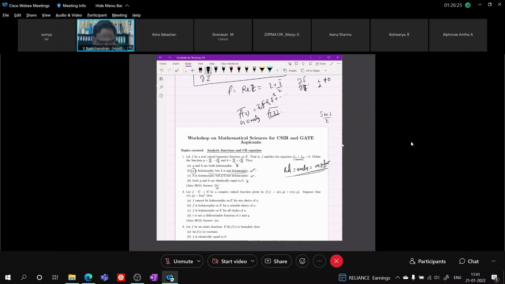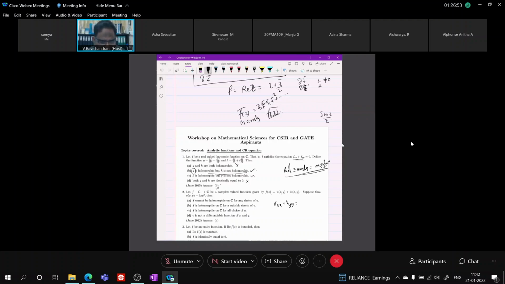All that will be decided by checking whether V is harmonic or not. Because if f is to be holomorphic, then u and v are supposed to be harmonic. So if you verify whether V is harmonic or not, then we can decide the question. Checking the harmonic nature of this function, you can find Vxx plus Vyy.